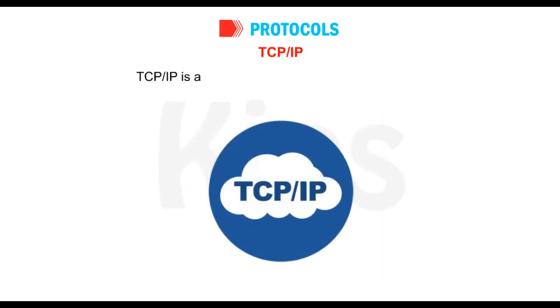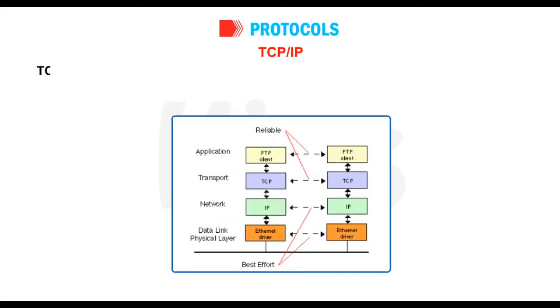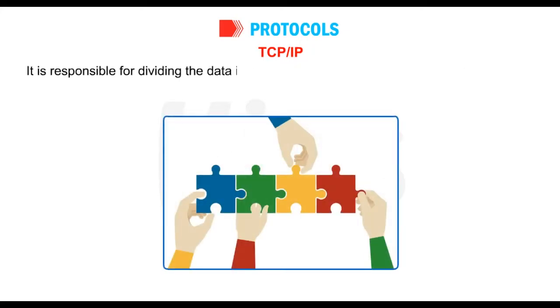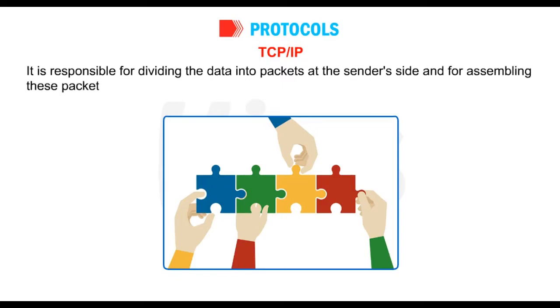TCP/IP is a combination of two separate protocols. TCP, or Transmission Control Protocol, is used for reliable and foolproof data transmission over the network. It is responsible for dividing the data into packets at the sender's side and for assembling these packets at their correct destination.